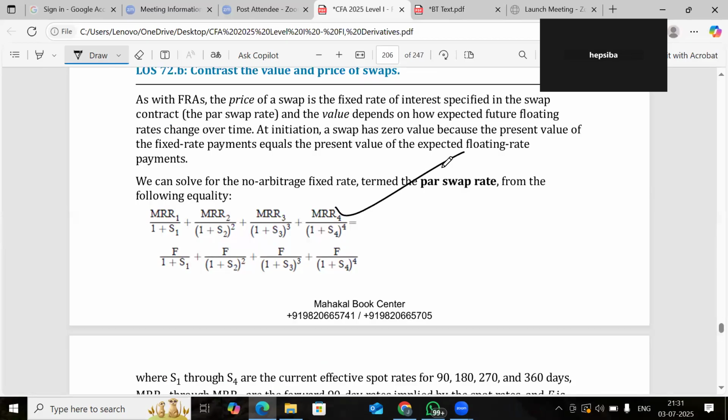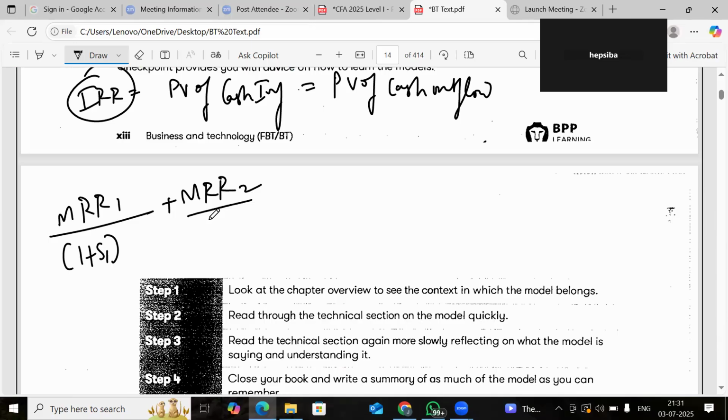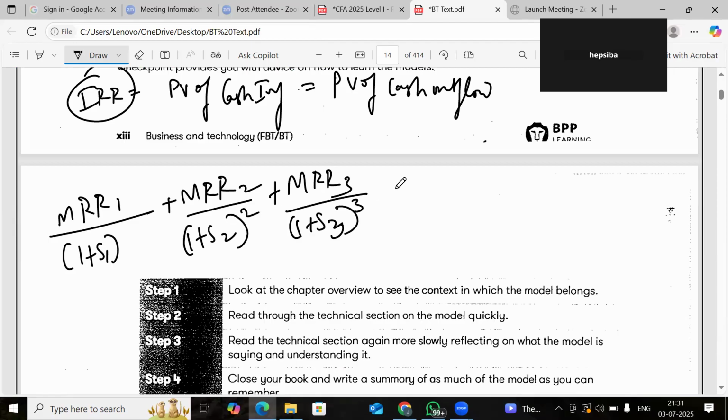The formula says: market reference rate 1 by 1 plus the spot rate for period 1, plus market reference rate in the second quarter and the spot rate in the second quarter, market reference rate in the third quarter, spot rate in the third quarter, which is raised to square, cube power.